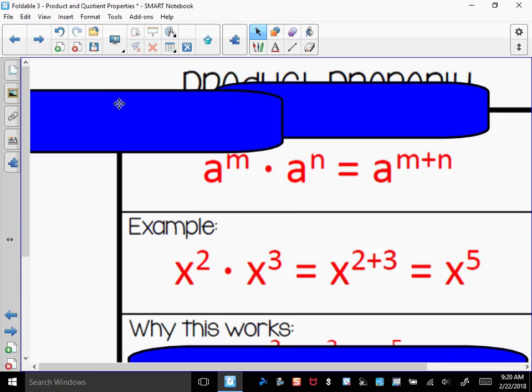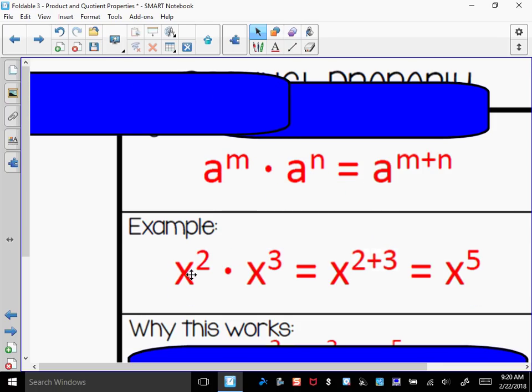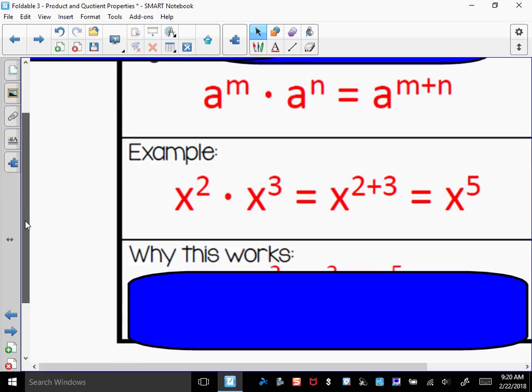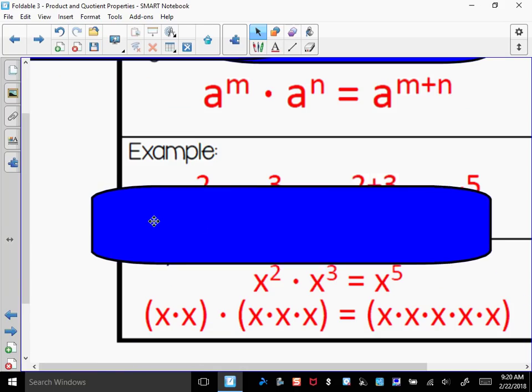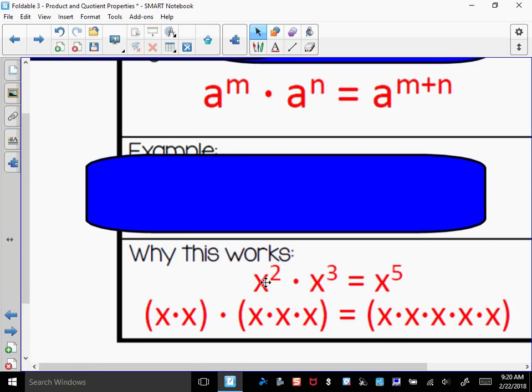Here, it shows you using a base x, and 2 plus 3 will give you x to the 5th power. That's just an explanation, and then it tells you why it works. If you have x squared, technically that means x times x.